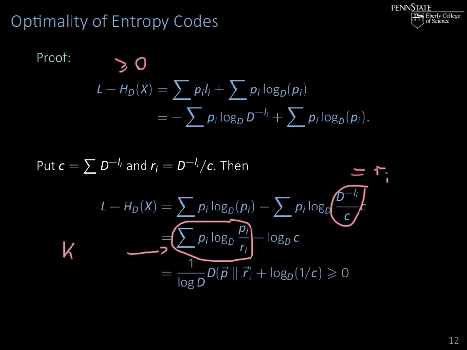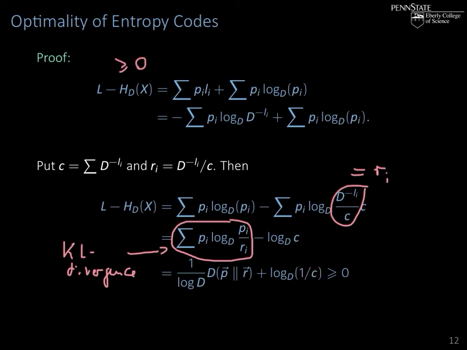So this is the KL distance or divergence, only with the difference here that we have a log_d instead of the binary logarithm, which we used in the original definition. So that just factors out as a 1 over log d here, times the Kullback-Leibler divergence of the distributions pi and ri. So the distribution of the random variable versus the distribution of our code lengths, plus our factor log_d of 1 over c.